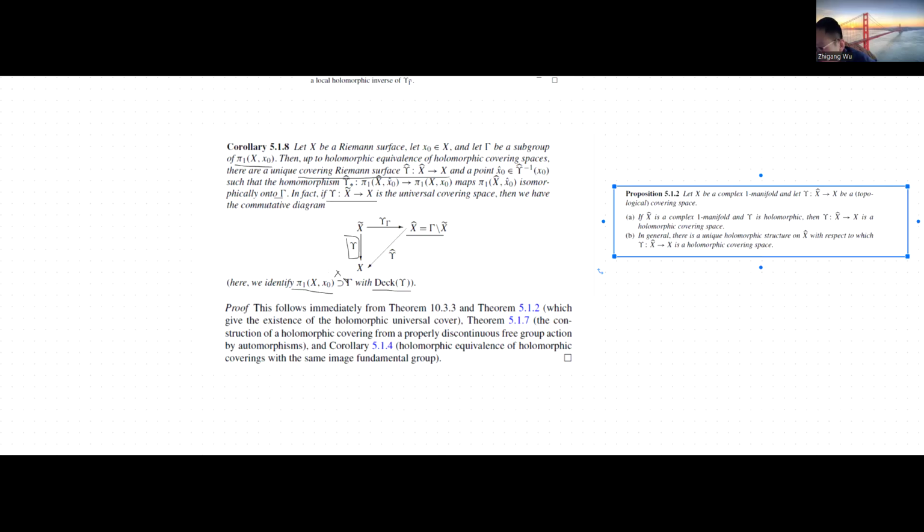That gives you the existence of the holomorphic universal cover, and then theorem 5.1.7, the construction of a holomorphic covering from a properly discontinuous free group action by automorphisms.